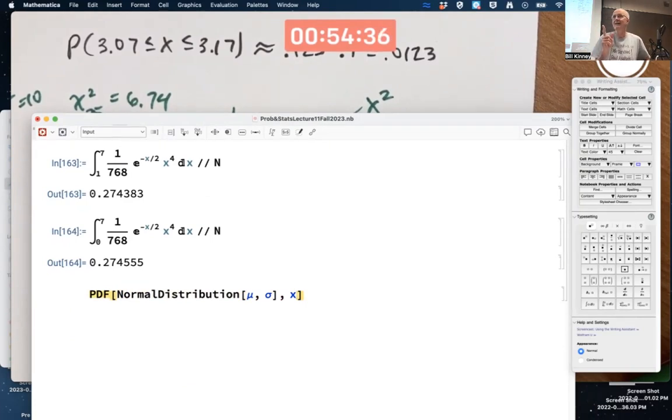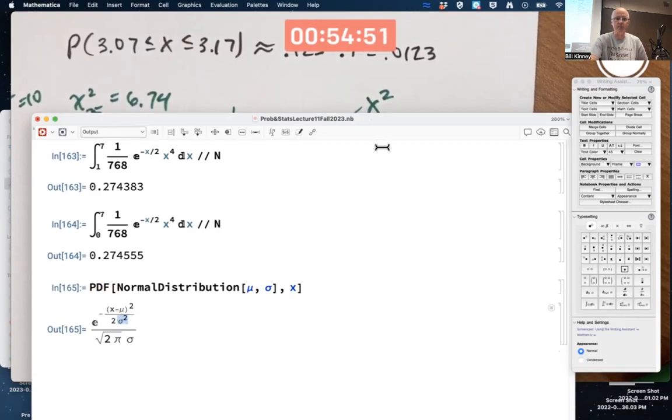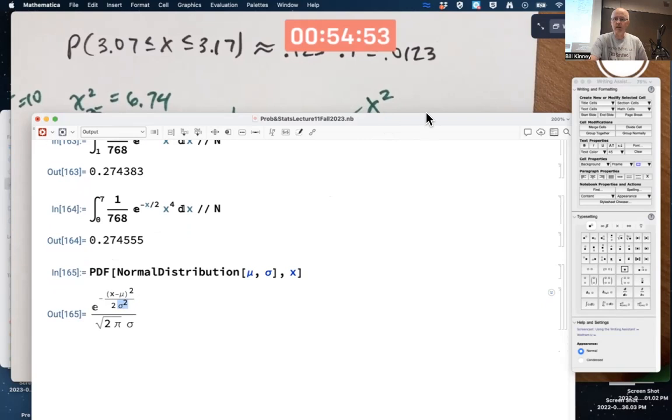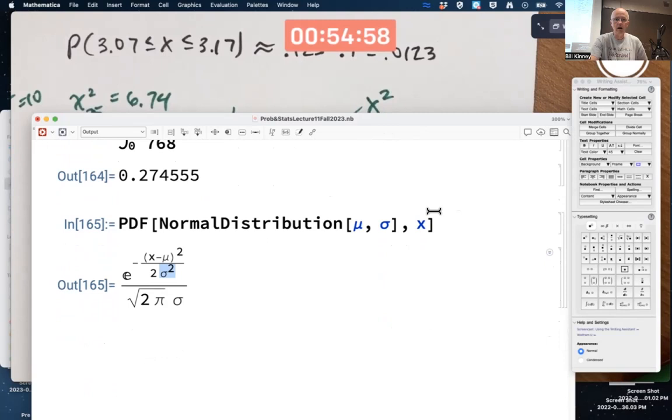The book labels them mu and sigma squared, the mean and the variance. But Mathematica uses the standard deviation as a parameter, though you do see sigma squared in this formula. That's a formula for the PDF of a normal distribution with parameters in Mathematica, mu and sigma, which do represent the mean and standard deviation, though that takes proof.